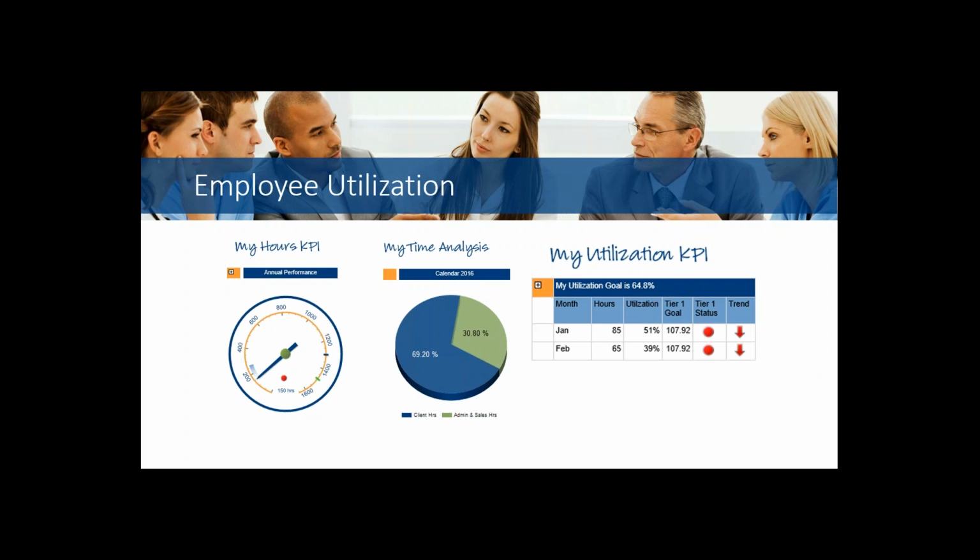And then our third one here highlights a month to month view of how that person did compared to their overall goal, and then gives you a red light, green light, and an up and down arrow to give a visual indication of how they are doing compared to that goal. But all of the information behind this comes from project accounting and those transactions that I am posting to my project.